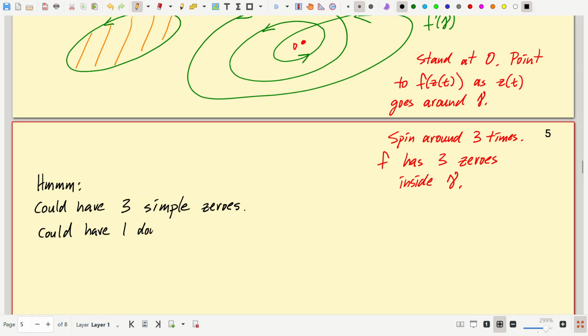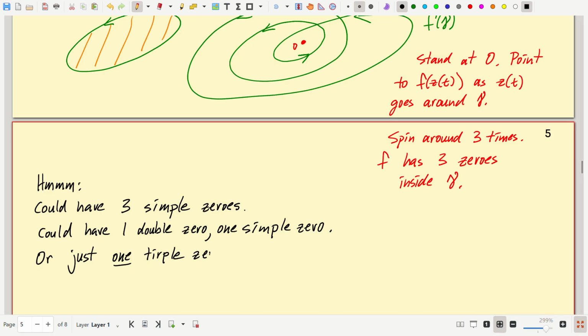That would add up to 3. Or it could have just 1 triple zero. But those are the only possibilities. So you learn a lot just by looking at the function on the boundary and seeing what the argument does.